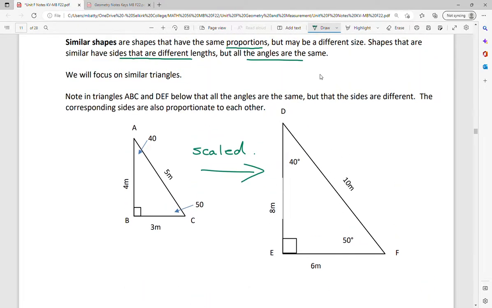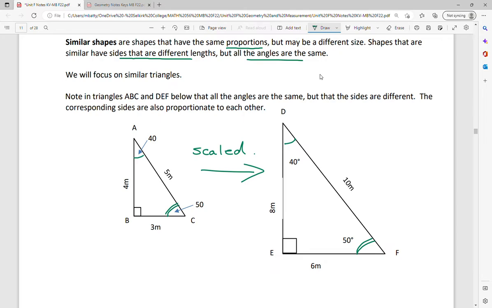So the first one here is scaled up, and like it says, the angles are all the same. So we have a 40, a 90, and a 50-degree angle. So all of these angles are the same, and by definition, the sides will have the same relationship to each other.